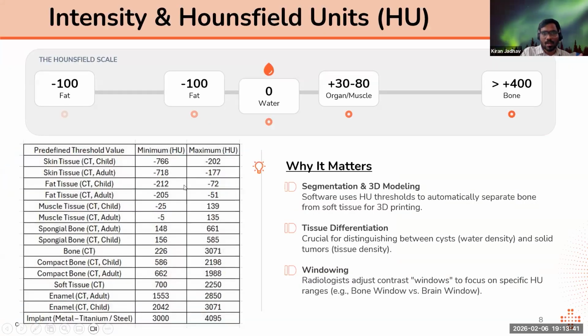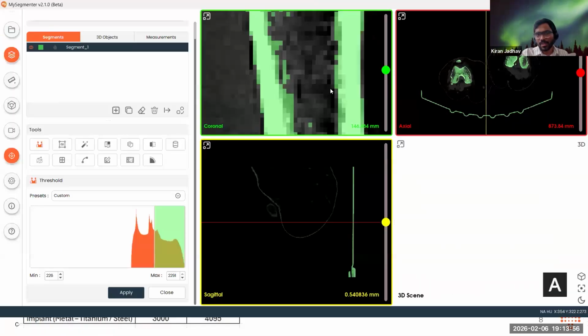For the other part, like if you wanted to capture muscle, then we need to select the corresponding value in the Hounsfield unit. So this is about the Hounsfield unit value, and by using this value, how we can create the 3D model.